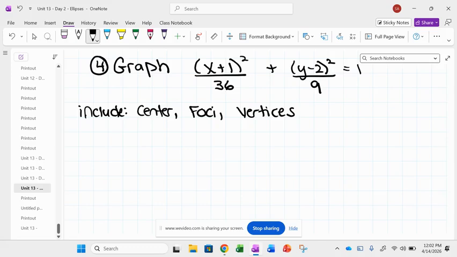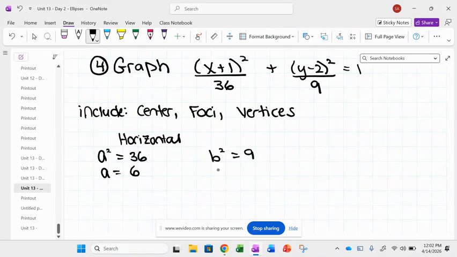So first question for you, is this horizontal or vertical? Horizontal. So because this is horizontal, do we all agree that a squared equals 36? So a is equal to 6. B squared equals 9, so b is equal to 3. The next thing I'm going to do is find my focal length.